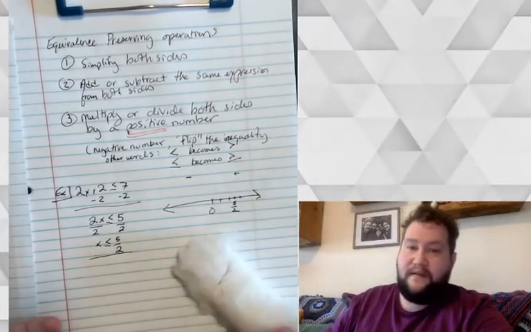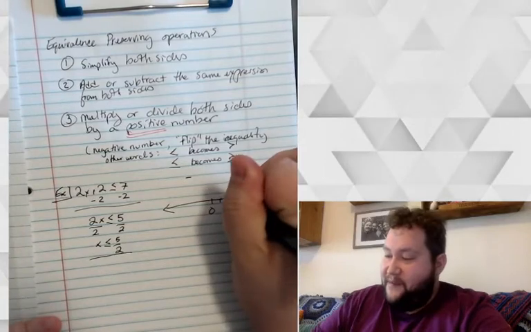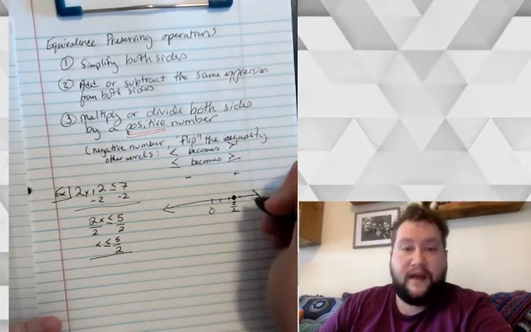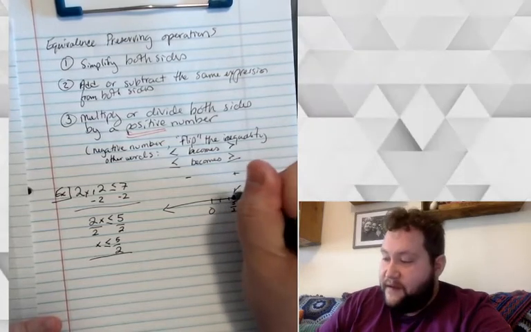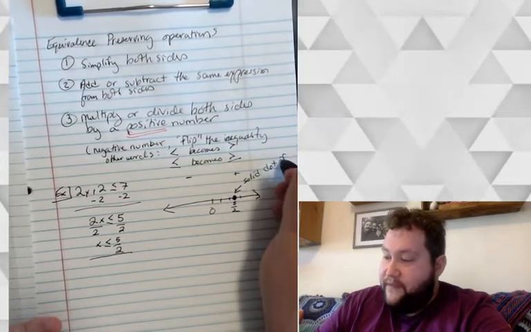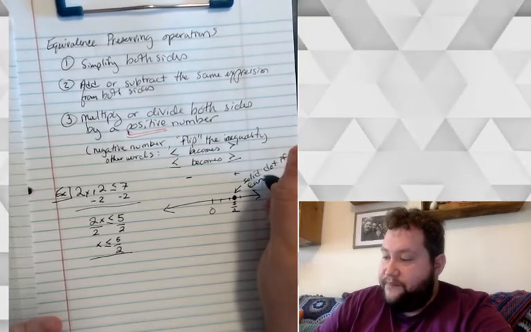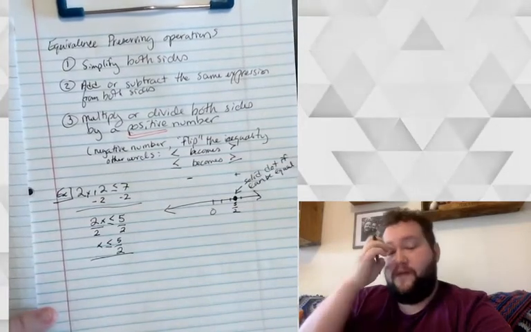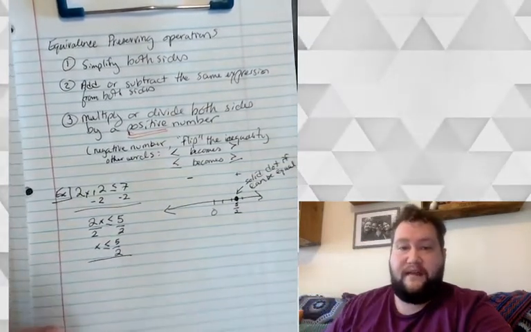Well, that means we mark 5 halves with a solid dot, because x can be equal. You will see an example of what that means if that's not the case.